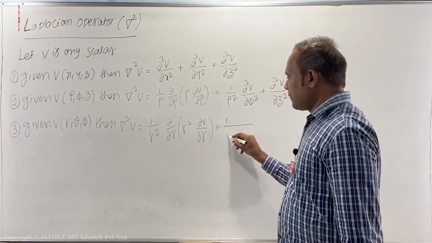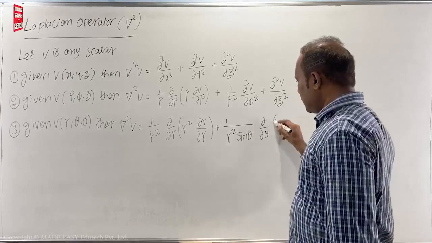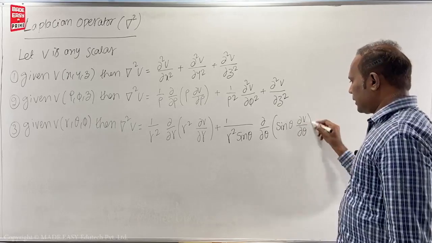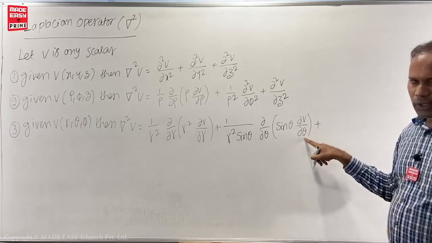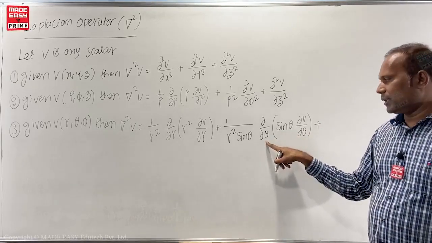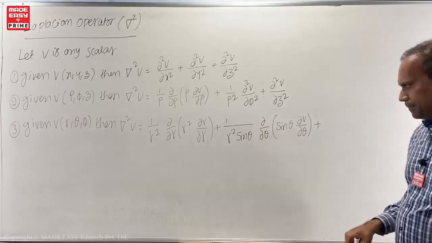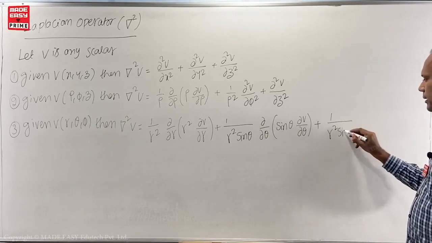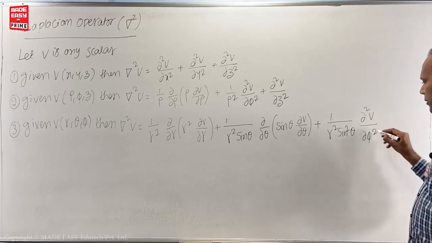Then 1 by r square sin theta, dou by dou theta, sin theta, dou V by dou theta. That means take partial differentiation of V with theta, then multiply with sin theta, and then again partial differentiation with theta, then divide with r square sin theta. Then 1 by r square sin square theta, dou square V by dou phi square.